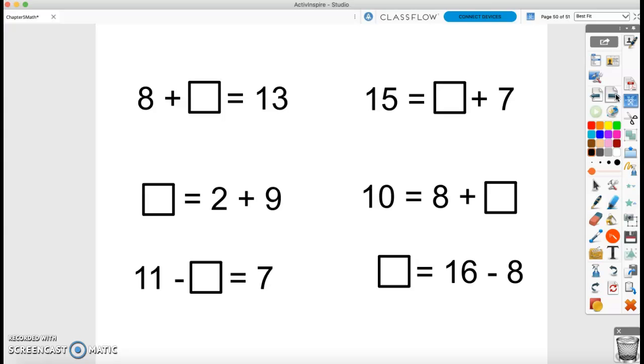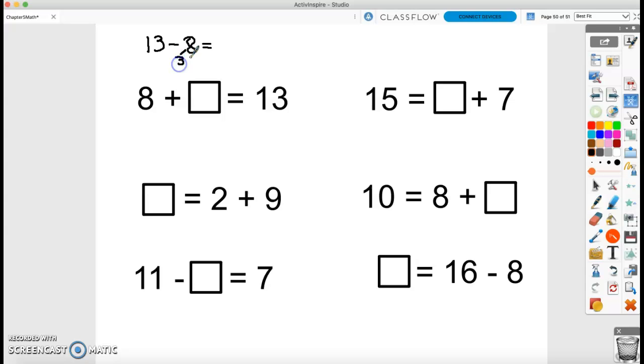So here we go. We have some problems to solve, and we have to figure out what goes in our answer. It goes in the blank. So I have 8 plus something equals 13. So I can use a related fact. 13 minus 8 equals something. So once again, we can use that subtract to 10.